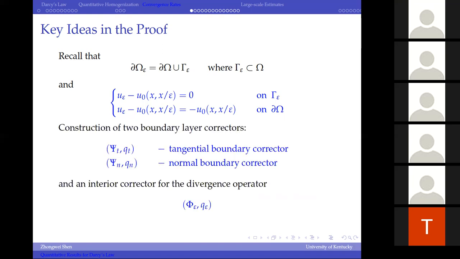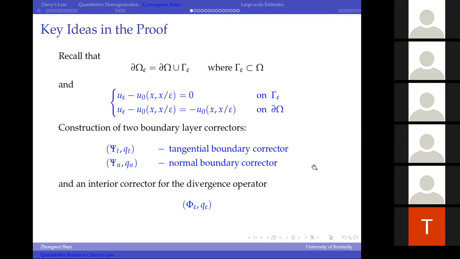Let me point out that u_epsilon is the solution, u_0 is the leading term. It's given explicitly with this corrector. Both of them vanish on the boundary of the obstacle, so the difference will still be 0. That's not a problem. The problem is on the boundary of omega, where u_epsilon is 0 and u_0 is not. So you have a kind of oscillating boundary data on the boundary of omega.